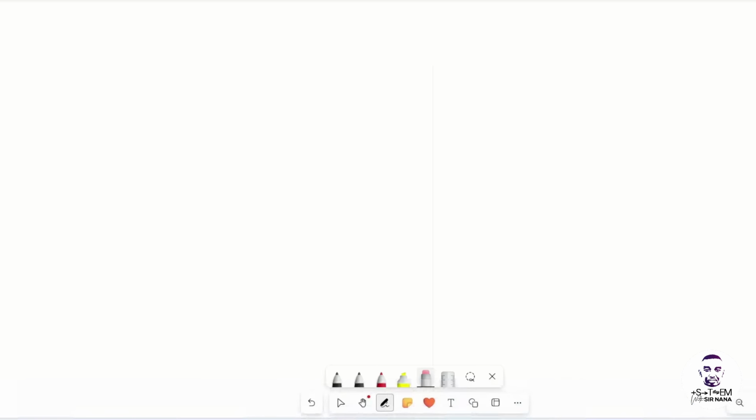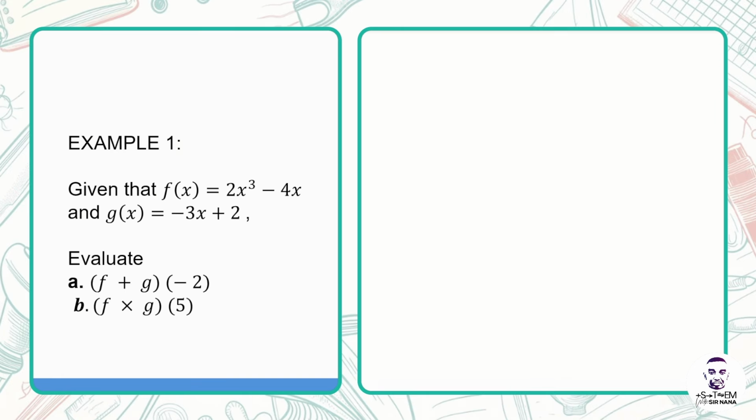So basically in the question, we have been given two functions. One of the functions is f of x, and we say f of x is equal to 2x cubed minus 4x. And then we also have a function g of x equal to minus 3x plus 2.